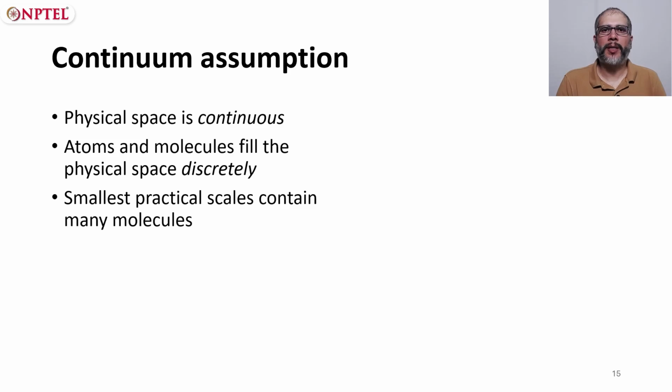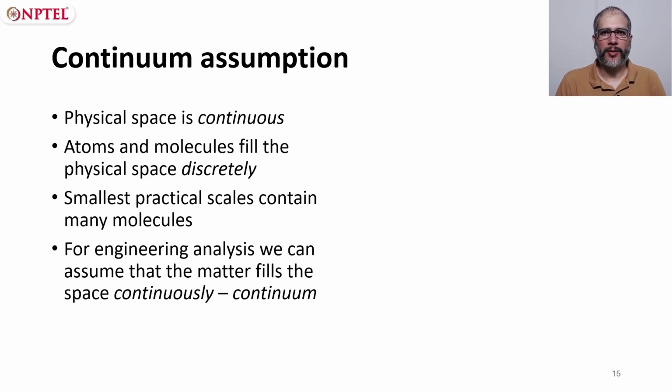So the smallest practical scales we work with will contain billions of molecules in them, so that averages can be defined conveniently. So for our engineering analysis, we can assume that matter fills the space continuously, because over these smallest physically relevant volumes, which will have billions of molecules, we define quantities on an average.